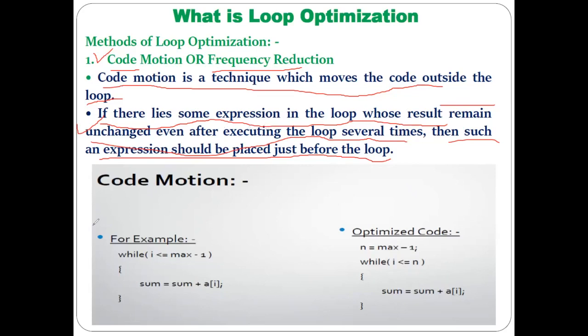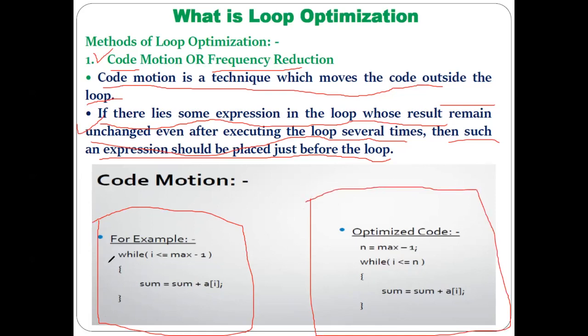Let's see it in the example. This is the example before the loop code optimization, and this is after the code optimization. In this you can see: while i is less than or equal to max minus 1, in braces we have sum equals sum plus a of i.